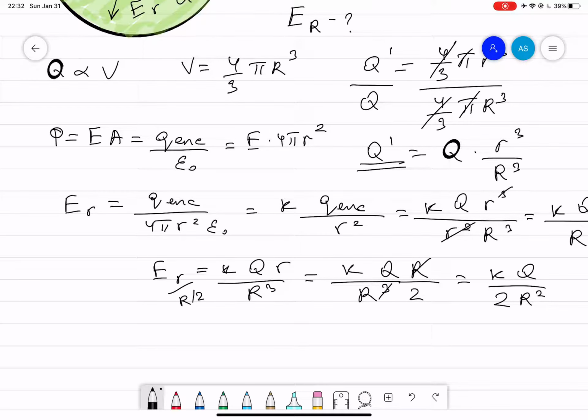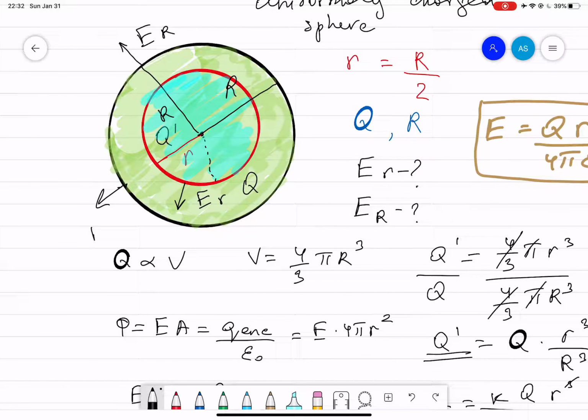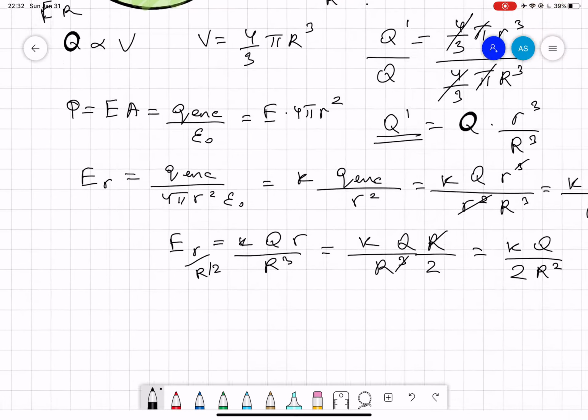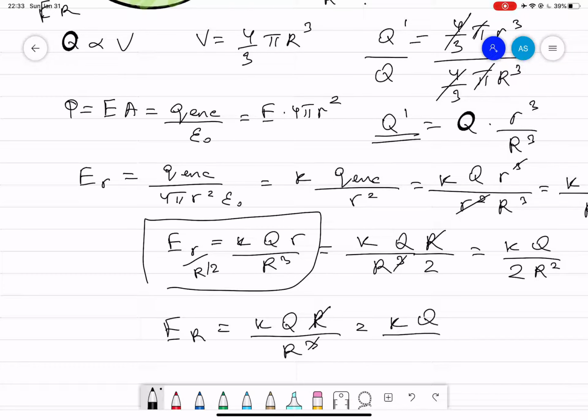Then if you want to find the electric field just here, you come back to this formula where E at capital R is equal to k Q, you put here capital R divided by R cube, then this will cancel, so k Q divided by R squared. That's it. So if you plug in numbers, then you get the answer.